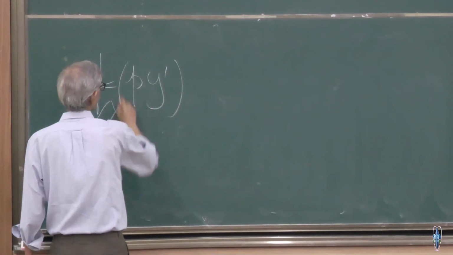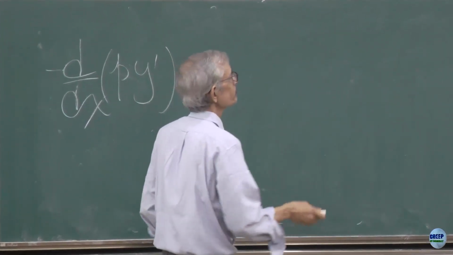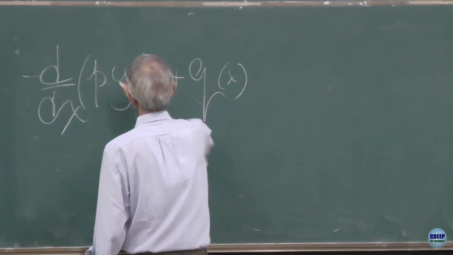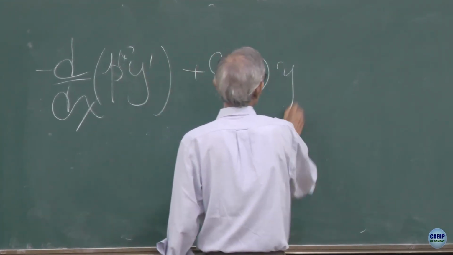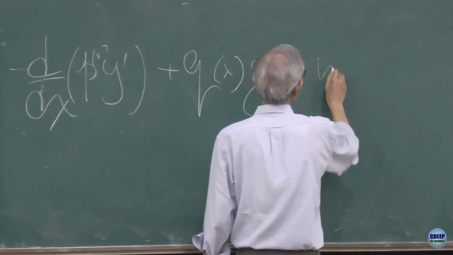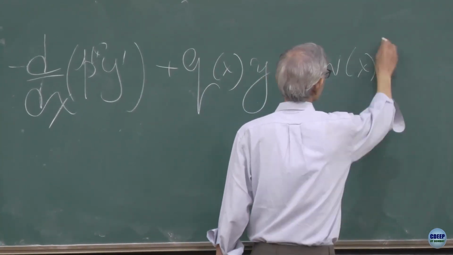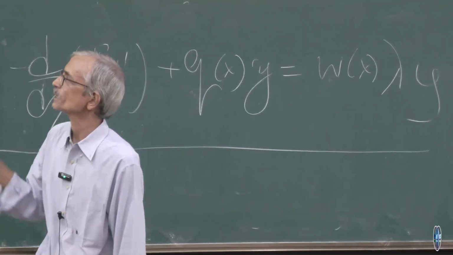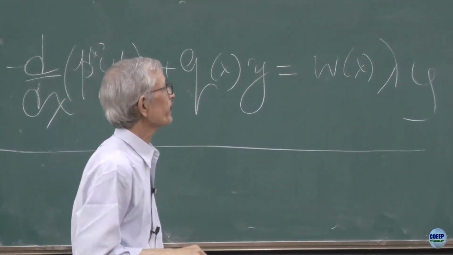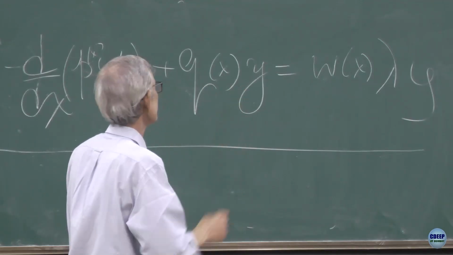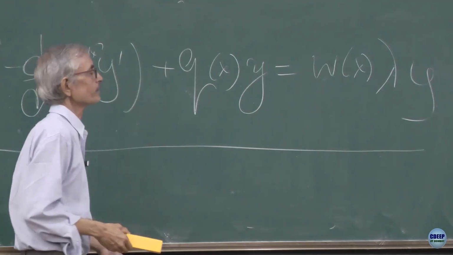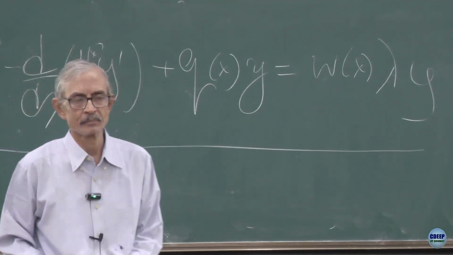y prime plus some q which is a function of x, this p is a function of x, y is equal to w which is a function of x times, so this is an eigenvalue problem. Lambda is the eigenvalue and we have got minus d dx of p of x, and then you are having a y prime in there.